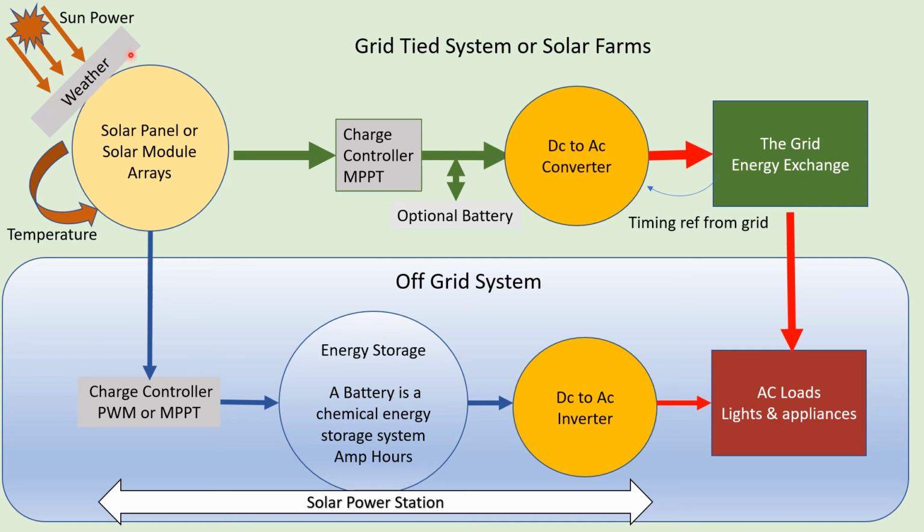Now this weather layer here affects everything, and this weather layer could be even on a clear day. The energy up here in outer space is about 1368 watts per meter squared.